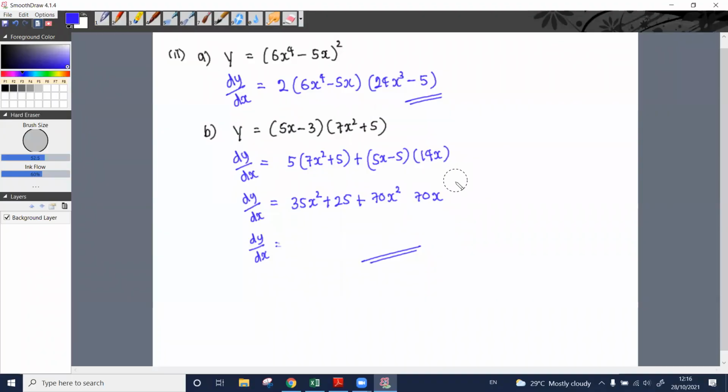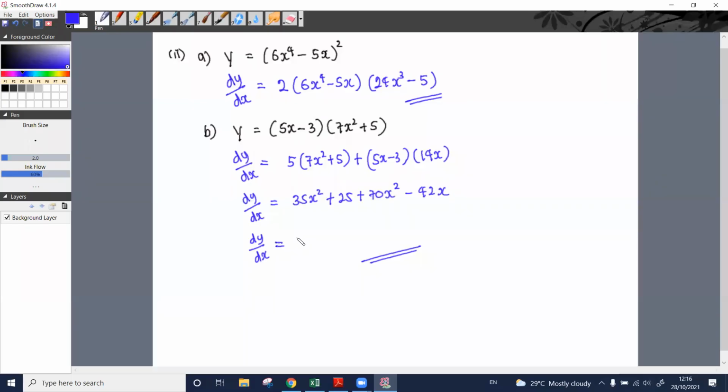I will start from the beginning. It is 5x minus 3. So 35x squared plus 25 plus 70x squared minus 42x.